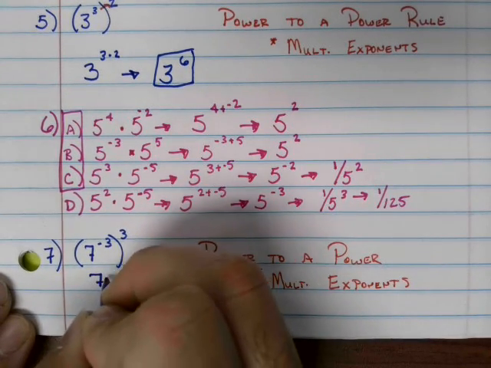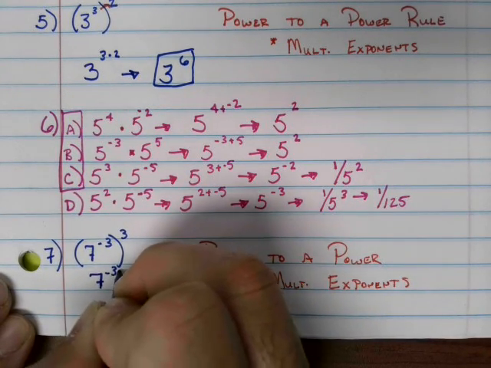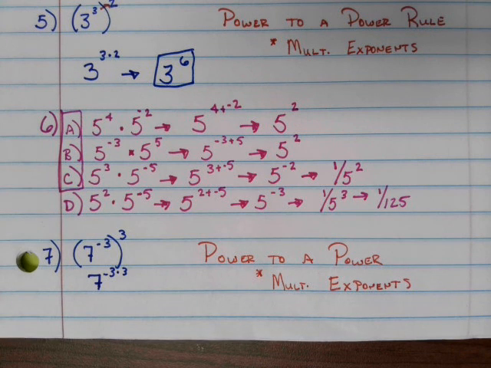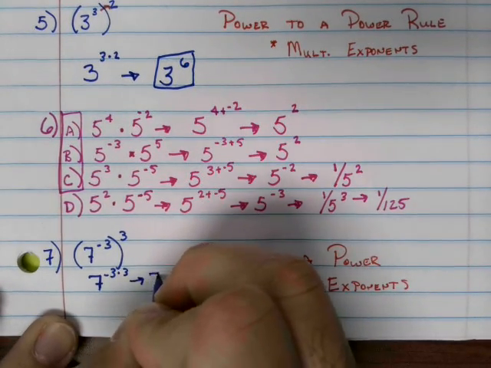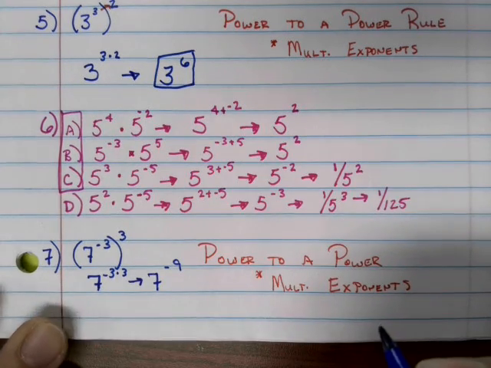We're going to have 7 to the negative 3 times 3. What's negative 3 times 3? A negative times a positive is a negative, okay? And then 3 times 3 is 9. So it's going to be 7 to the negative 9.